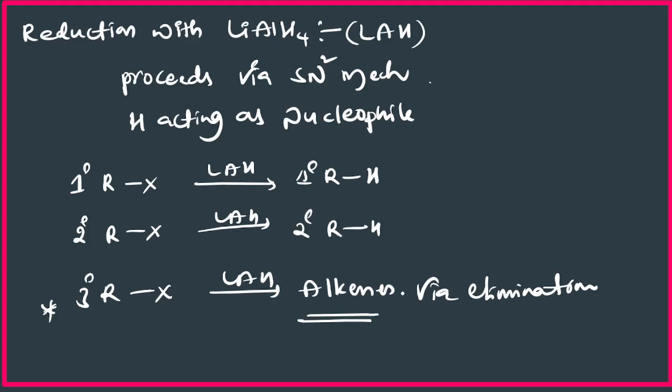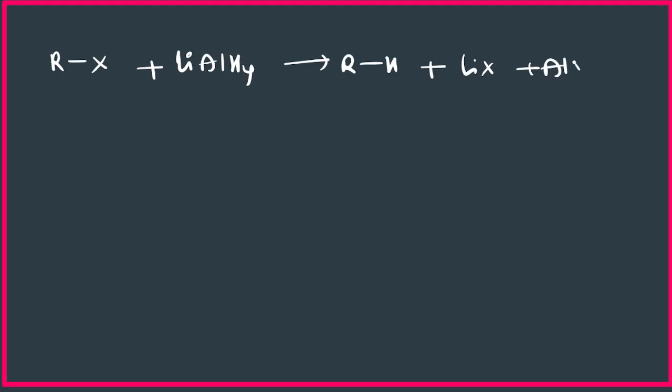Have a look at an example. Alkyl halide with lithium aluminium hydride gives alkane, lithium halide and aluminium halide, producing H minus, which acts as the nucleophile.